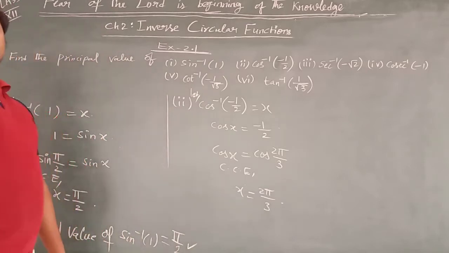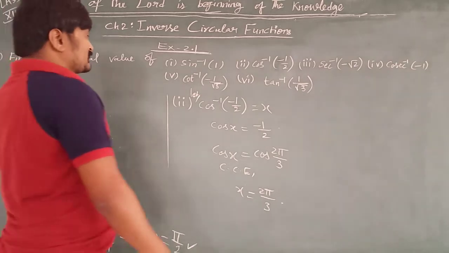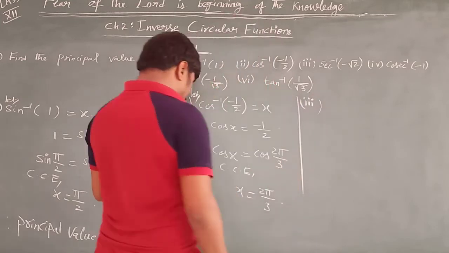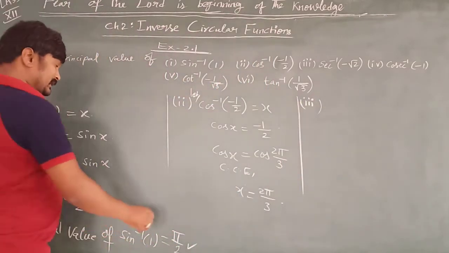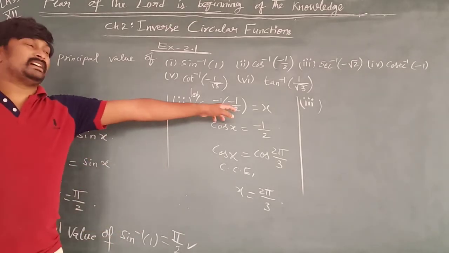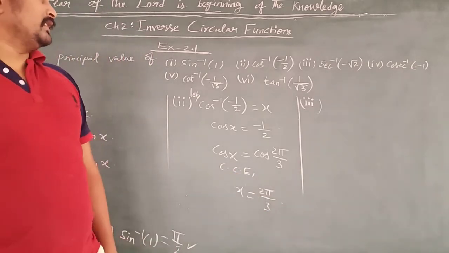That is your principal value. In the last step you have to write: therefore the principal value of cos inverse minus 1 upon 2 is equal to 2 pi upon 3. That you have to write.